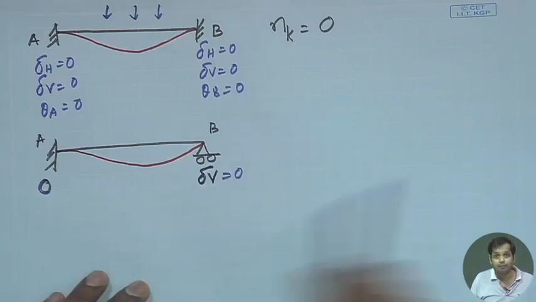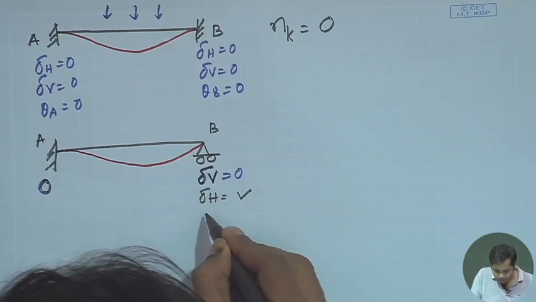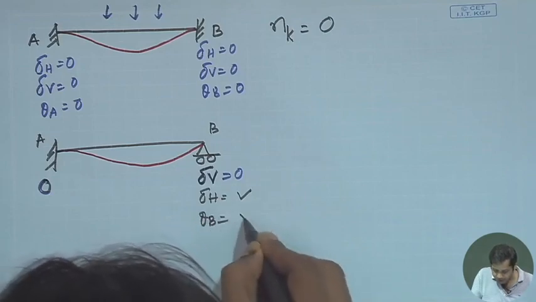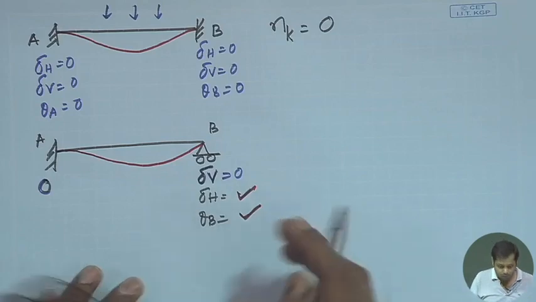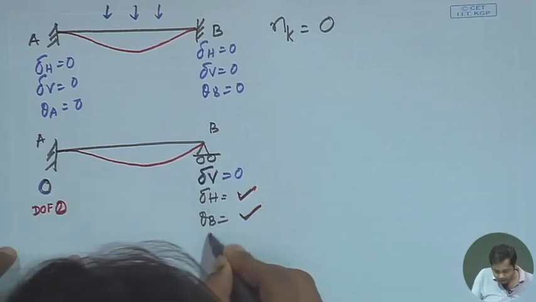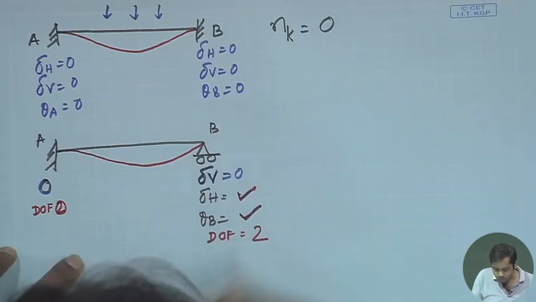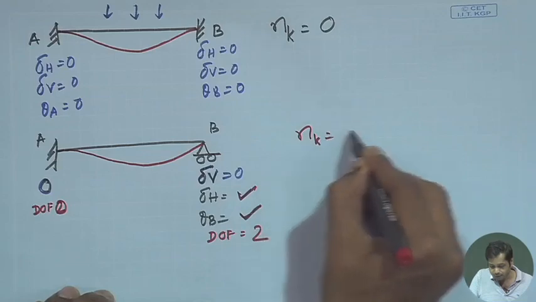But delta H is allowed, and theta B is allowed. So here degrees of freedom is 0, here degrees of freedom is 2. So total degrees of freedom Nk is equal to 2.